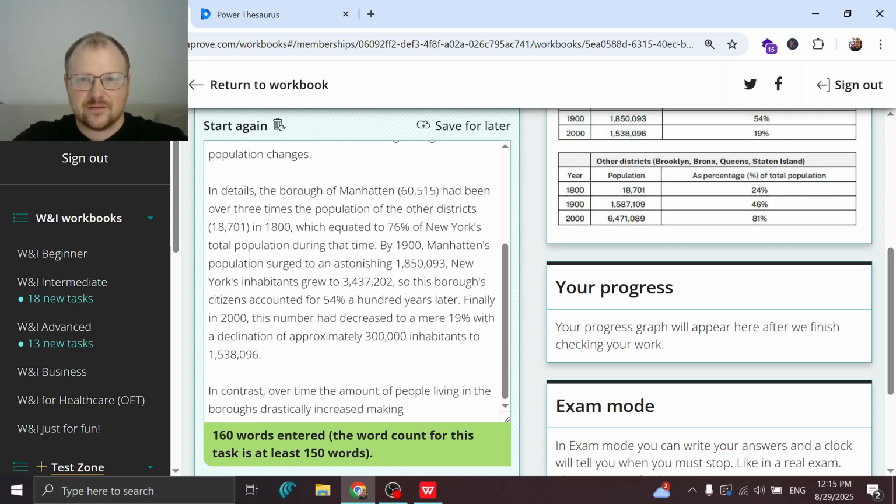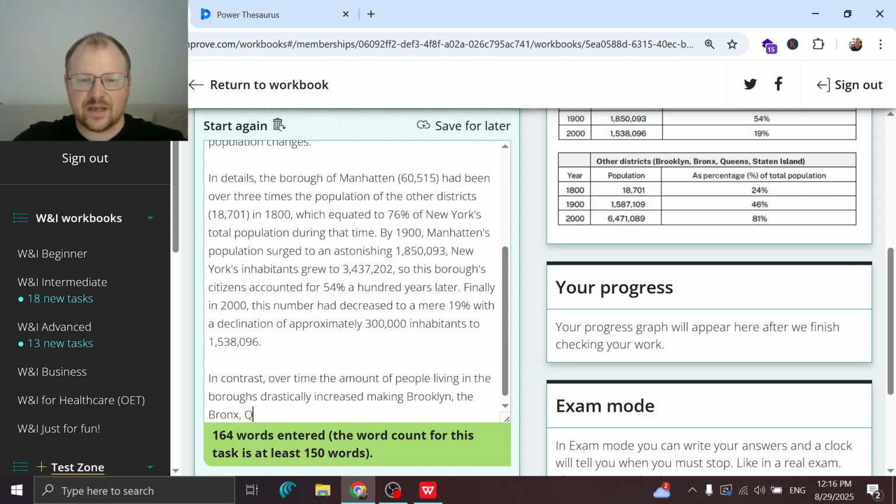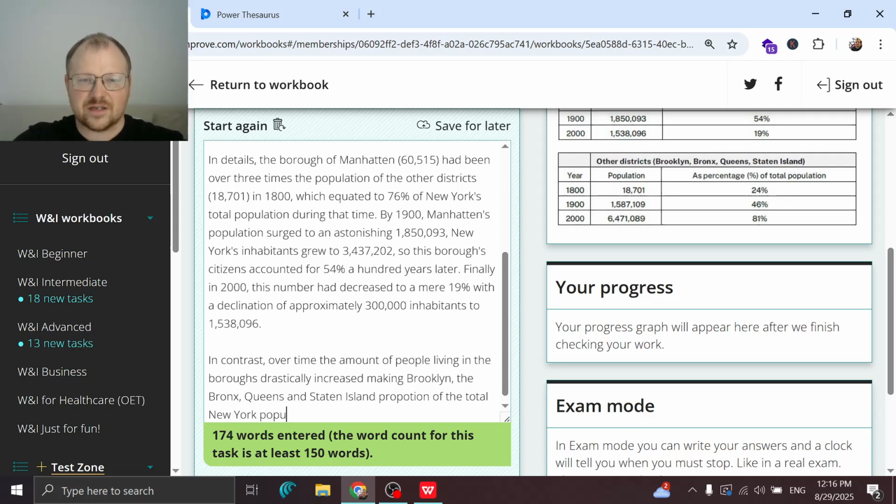making Brooklyn, Bronx, Queens, and Staten Island. You don't have to write them all again, but proportions. Of the total New York populace, 81% in 2000.